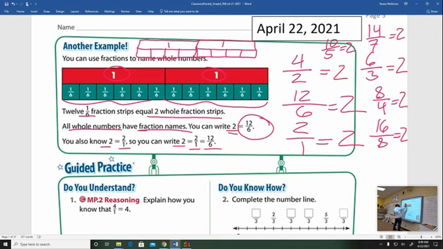And each one of these is going to be 1/4. Oops, that's supposed to be 4. So I actually did the 8 over 4 one.